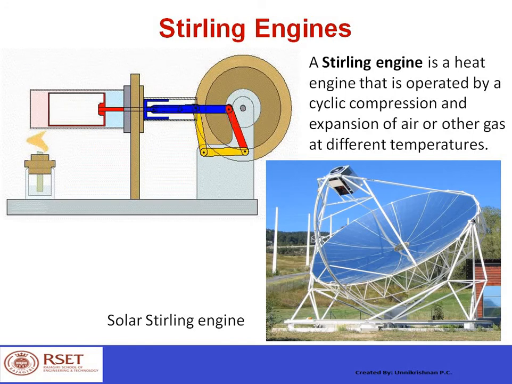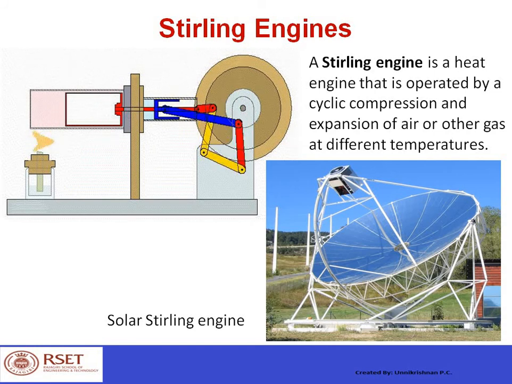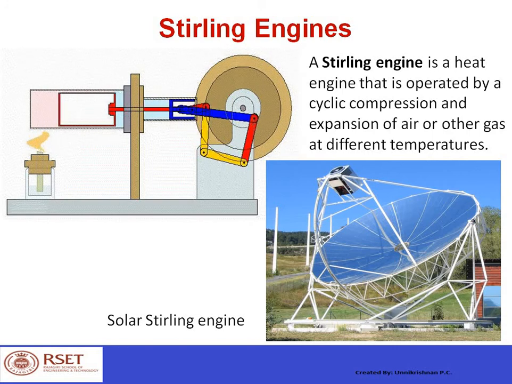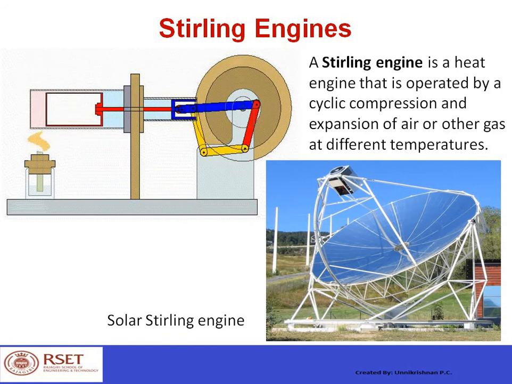The next one is a Stirling engine. As you see from this animation, it consists of a piston and a cylinder, and heating the air inside the cylinder pushes the piston to and fro.